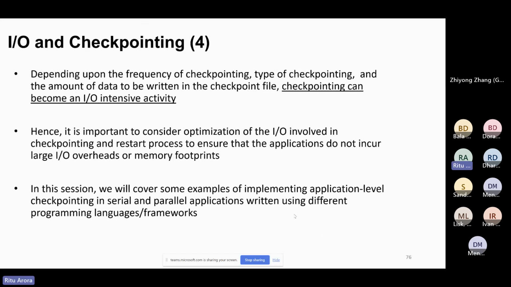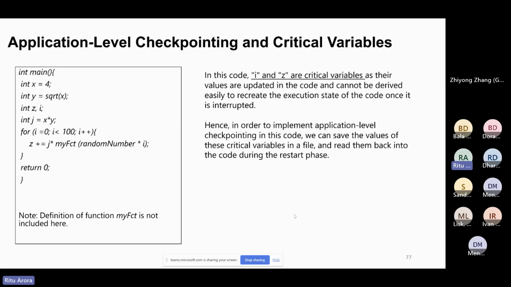Therefore, it's important to consider optimization of IO when we are writing checkpoints and during the restart phase as well, so that we are not incurring large overheads during IO and we do not have large memory footprints. So like I said, today we will be covering examples of implementing application level checkpointing in serial and parallel applications written using different programming languages and frameworks.